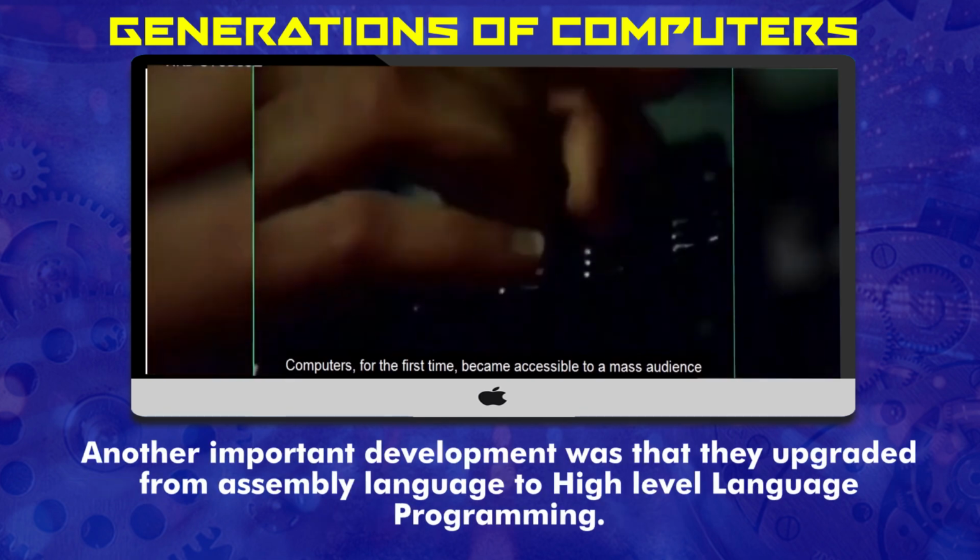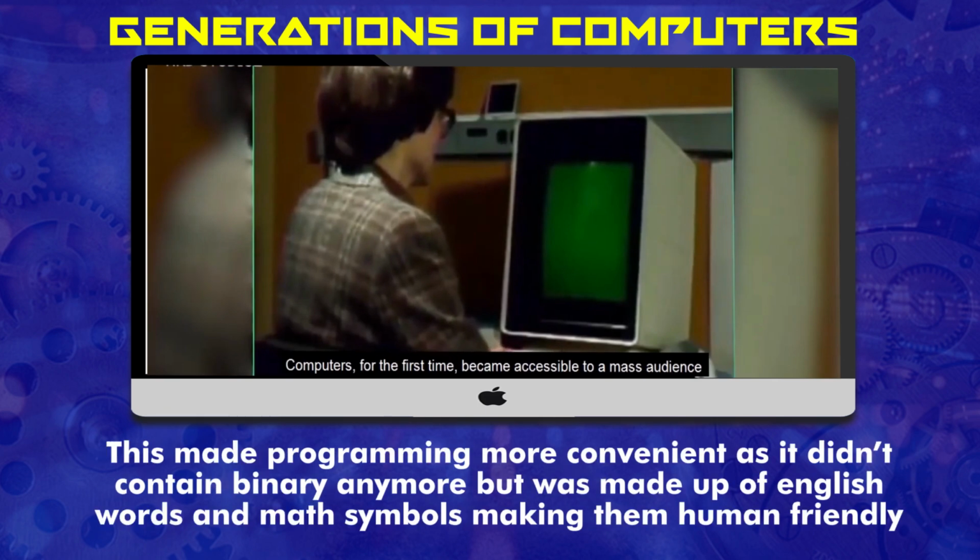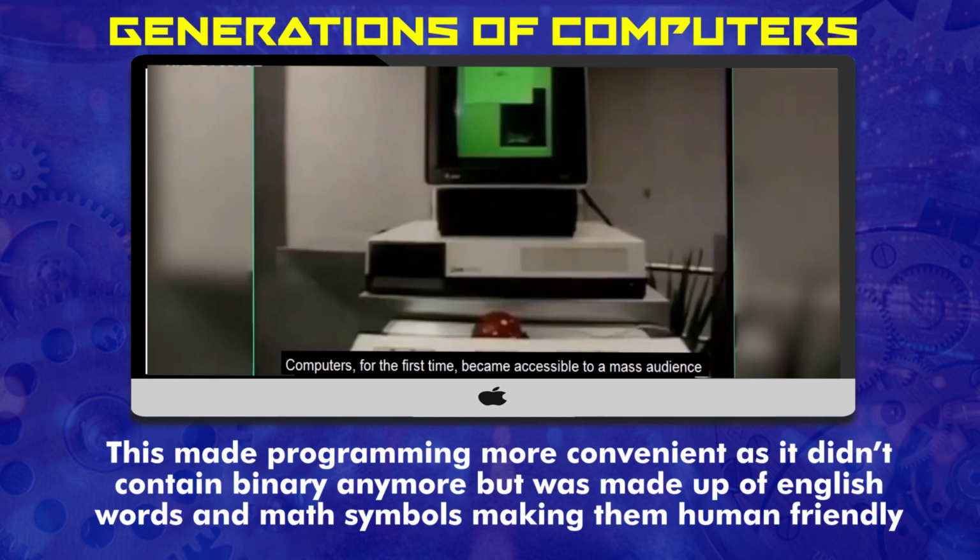Another important development was that the assembly language used in second generation was upgraded to high-level language in this generation. High-level language was a more convenient way to program than assembly language because it didn't contain binary code anymore, but was made up of English words and mathematical symbols, which was more understandable to human beings.